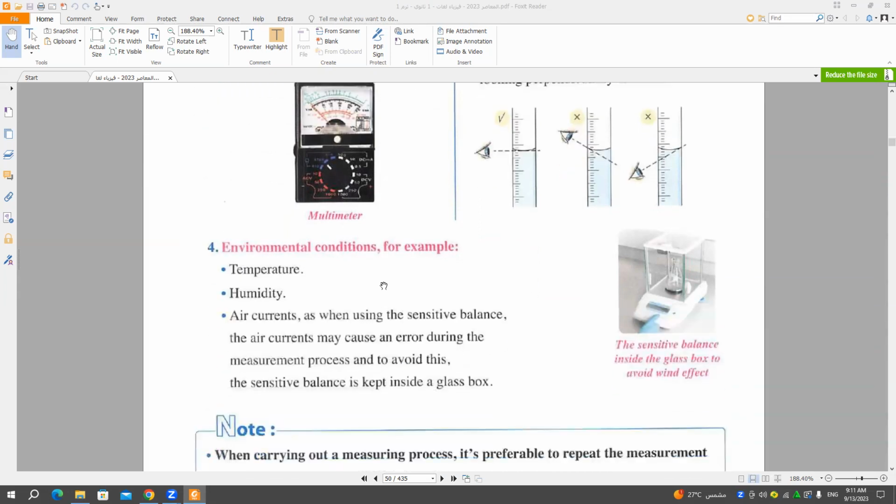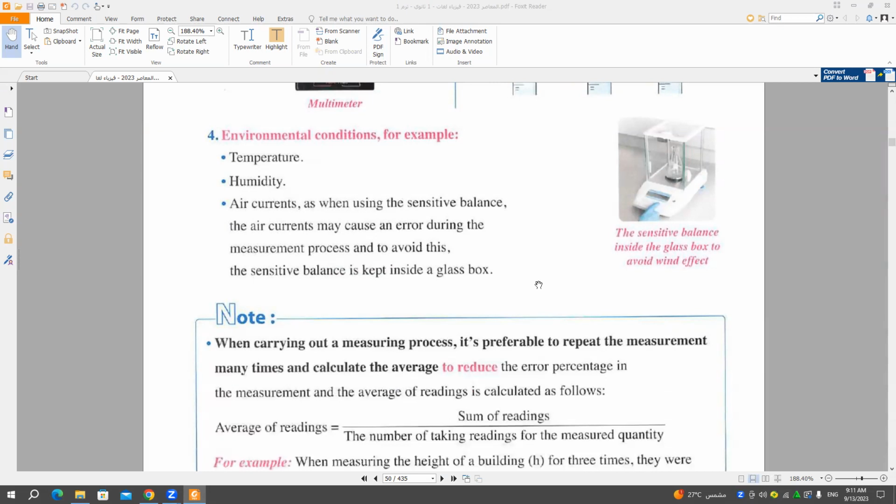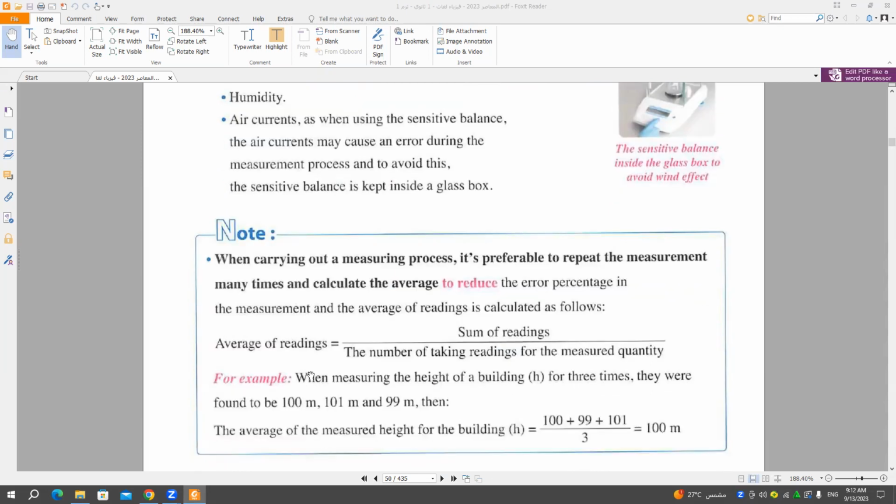Reason number 4, environmental conditions, maybe the temperature or the air current or the humidity of the atmosphere. So if you want to measure the mass with high accuracy, you must avoid the air current by making a glass box around the sensitive balance. To measure any physical quantity, you have to measure it many times and get the average of the readings.